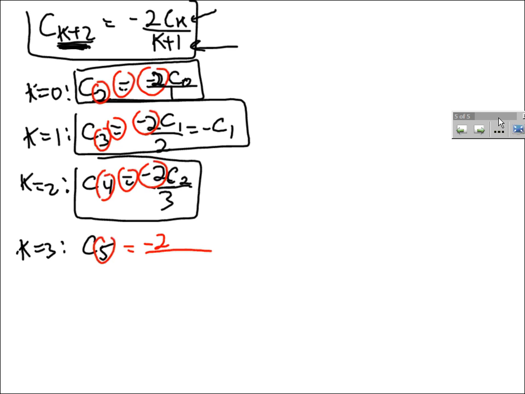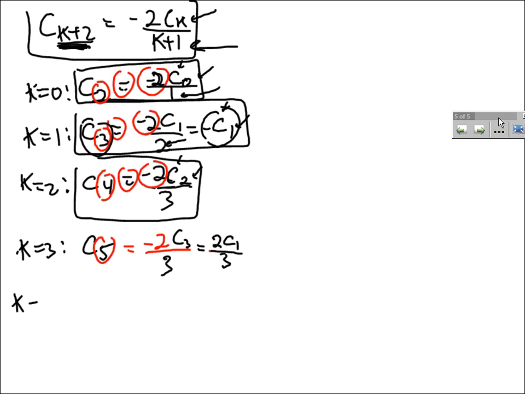And then they all have a C. C0, C1, C2. Oh, that must be C3. The dividing by 1, 2, 3. But here we can say something a little bit more. We know what C3 is. It's -C1. So this will become 2C1 over 3.